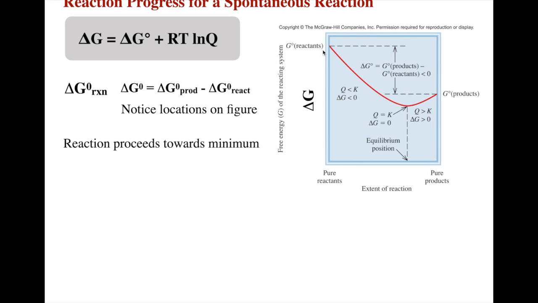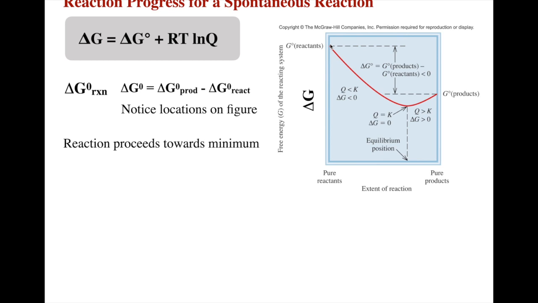You start to use up reactants and you start to form products. And so you can calculate delta G based on the natural log of Q, which will get bigger. Q will increase as you go. You're forming more products, losing some reactants, and Q will start to get bigger and bigger.